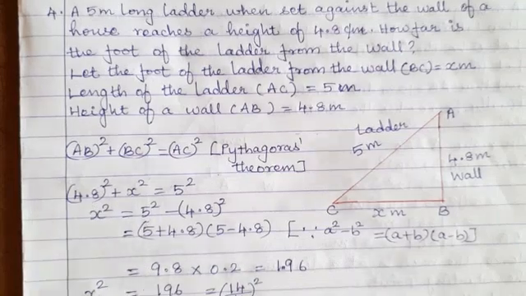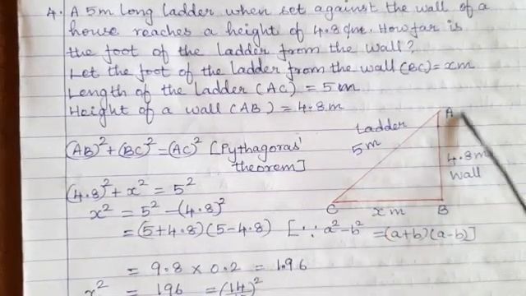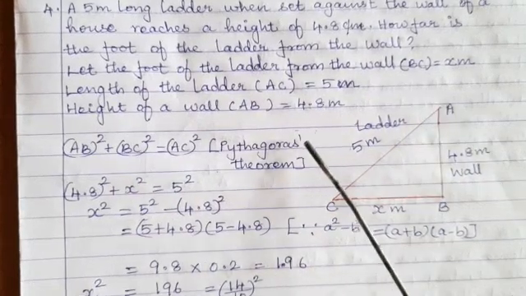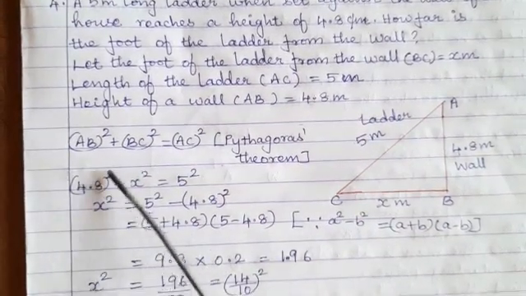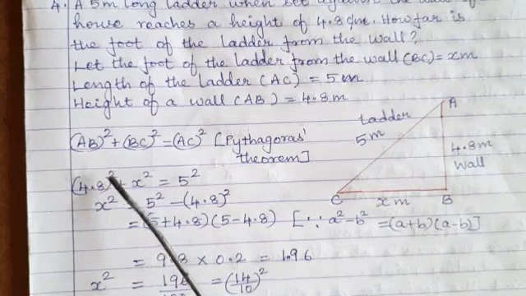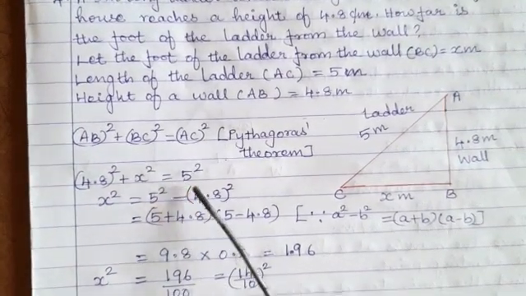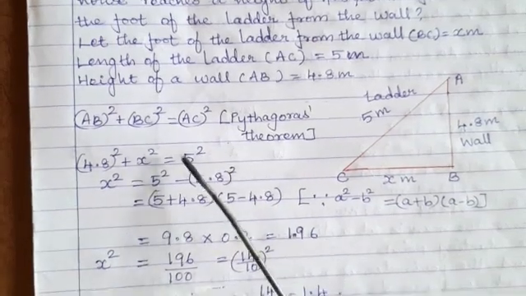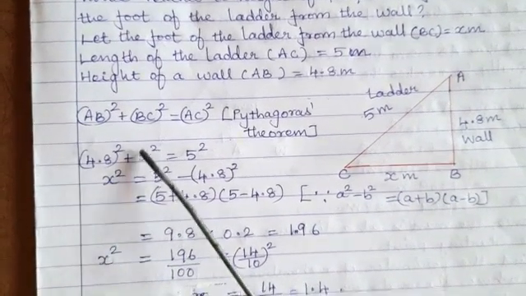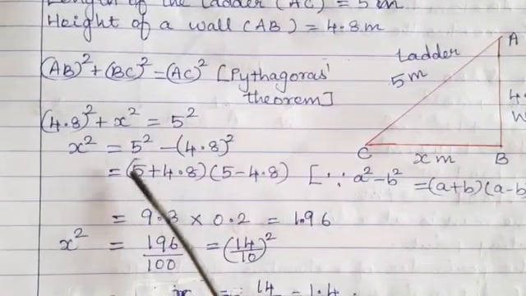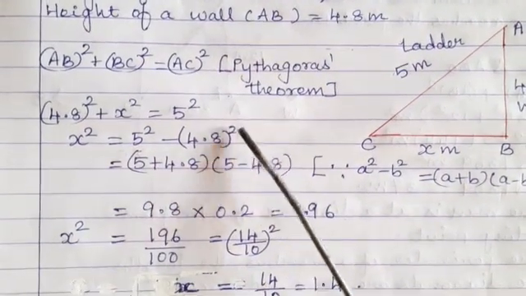Pythagoras theorem: AB squared plus BC squared is equal to AC squared. This is the Pythagoras theorem. Now AB squared is 4.8 squared plus BC squared is x squared, equal to 5 squared. Like the previous question, I am taking 4.8 to this side, so x squared is equal to 5 squared minus 4.8 squared.